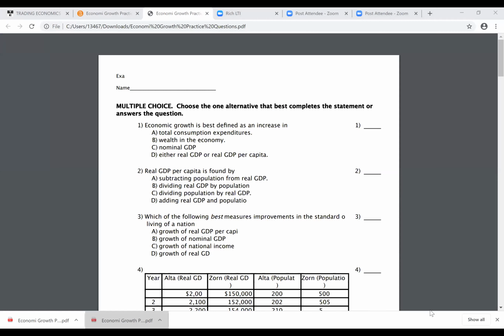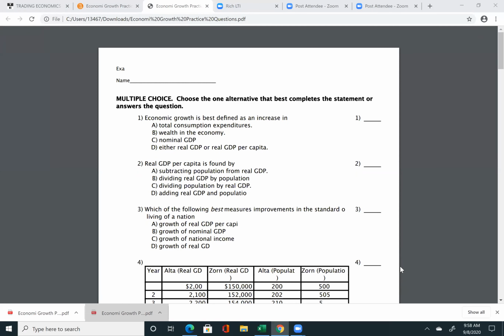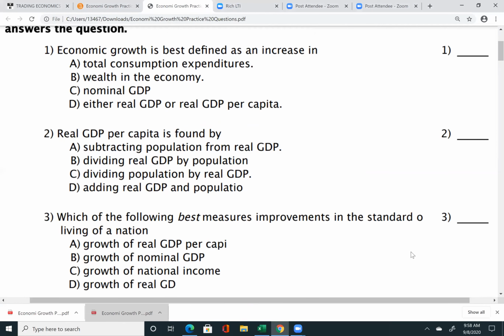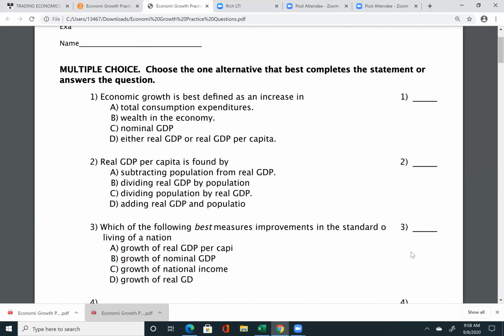I'm in the last chapter here, and there are 12 questions, and after I'm done, I'll let you all go.